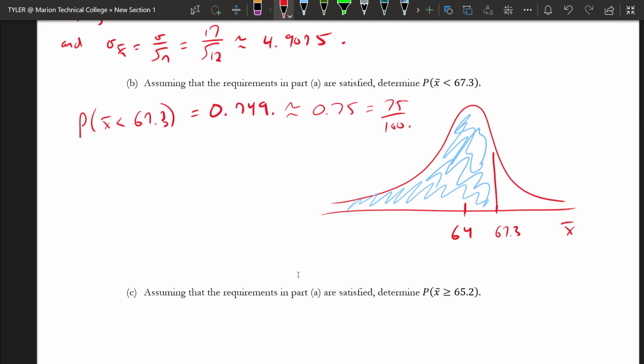Right? Remember, that's what those numbers represent. So if we took 100 of these, about 75 of them would be less than 67.3.